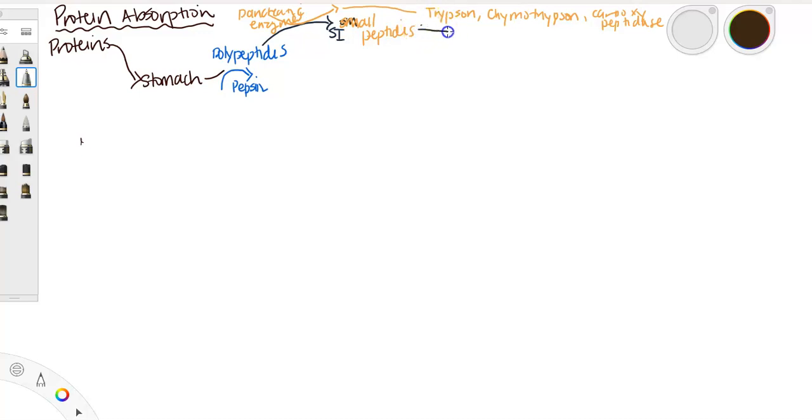All right, so once we have the small peptides, still in the small intestine, these small peptides come into contact with the brush border.